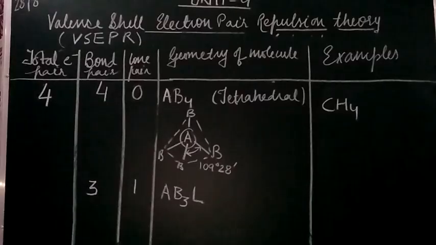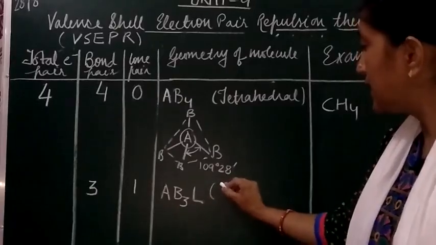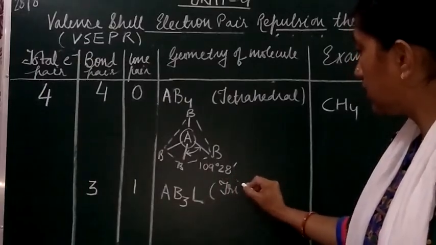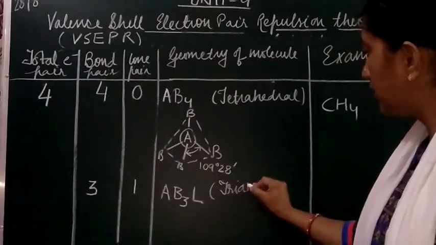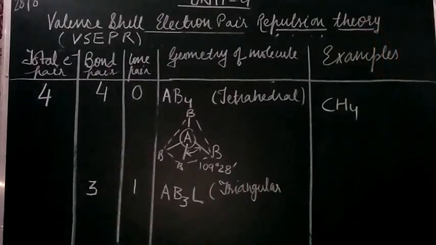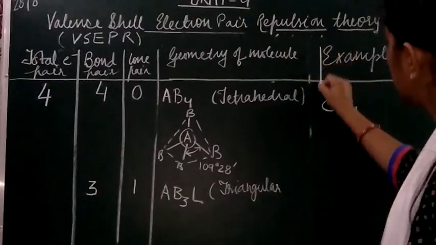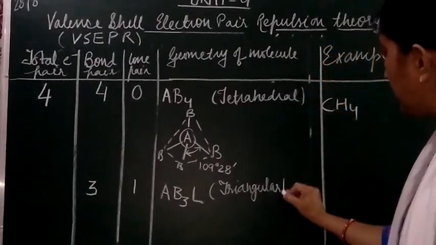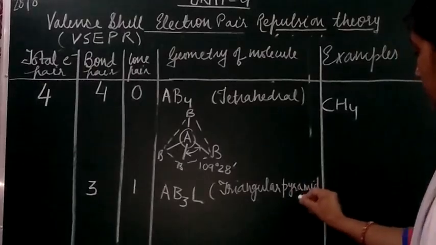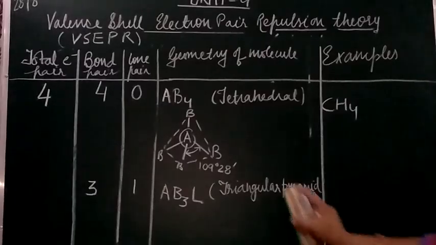So here the shape, when we have 1 lone pair along with the 3 bond pairs, will be known as triangular pyramidal shape, or you can write it as trigonal pyramidal, right?